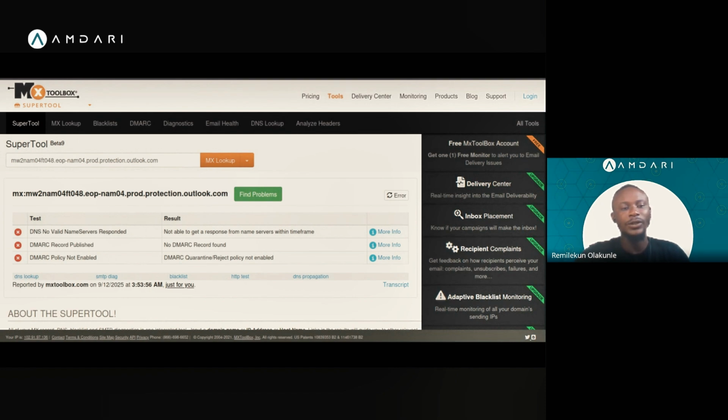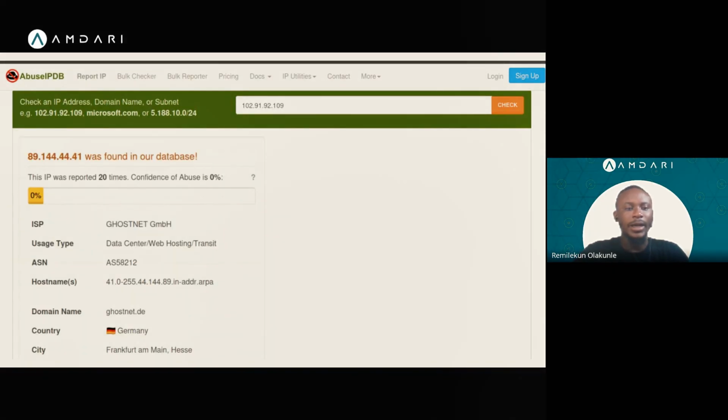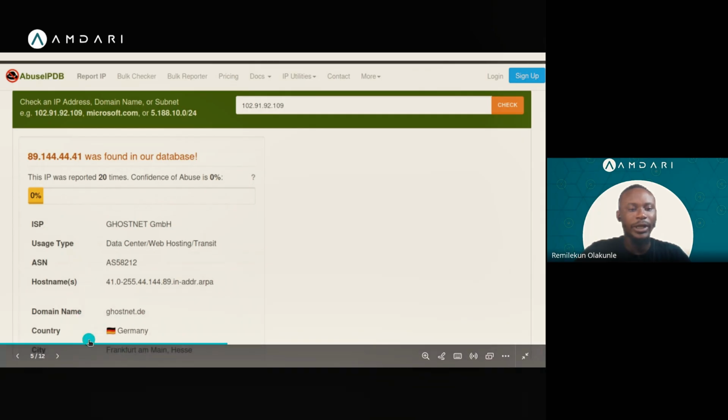Now, this tool will let us know if each domain is authenticated or not. And from our results here, the domain is not authenticated. That means the domain failed the authentication test. And here is a screenshot of us running the IP address through a tool called AbuseIPDB. Now, this is where we found out that the IP address originated from Germany, not from a known Microsoft infrastructure.